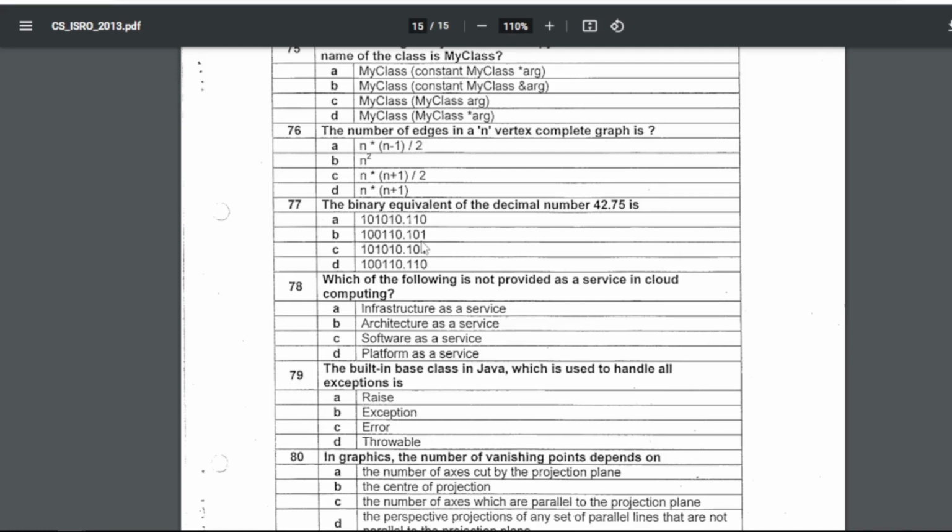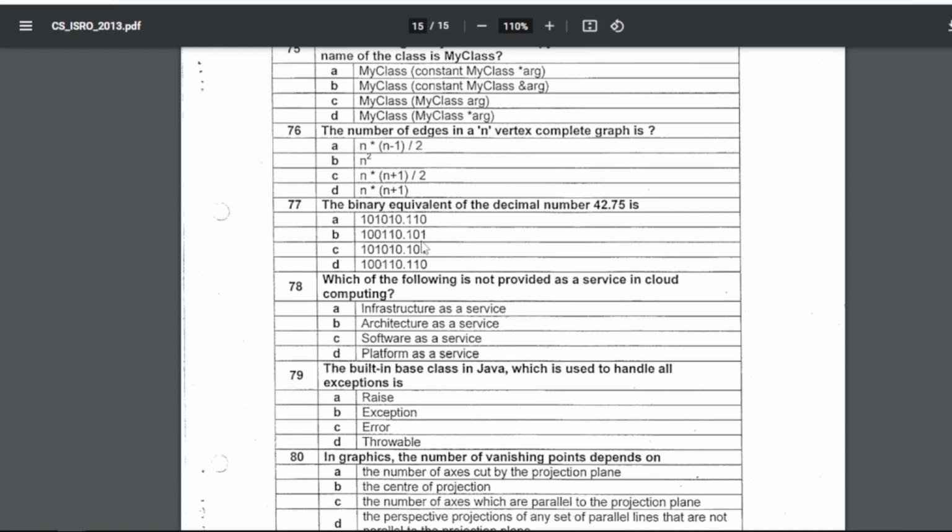Second is infrastructure as a service, that is IaaS. This service provides businesses access to essential web infrastructure such as servers, connection, and storage space without the need to buy or manage internet infrastructure themselves.